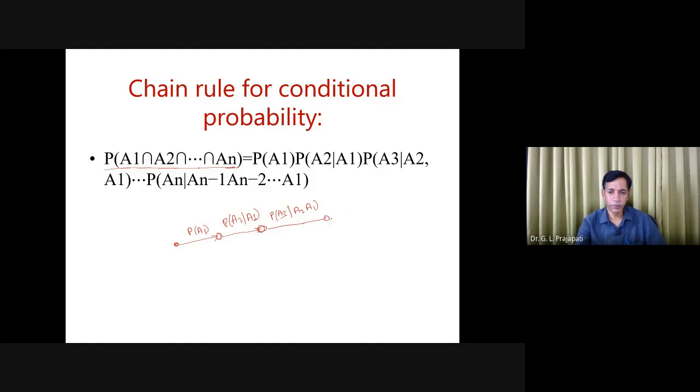Then you compute the probability of A4. Once you are here, three events have occurred: A3, A2, and A1.